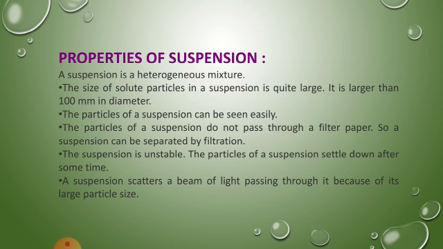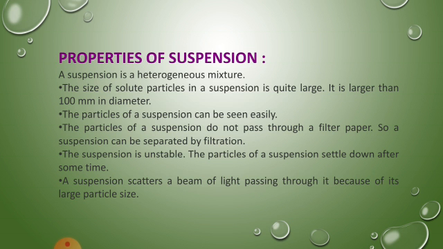The next one is properties of suspension. The size of solute particles in a suspension is quite large. It is larger than 100 nanometers in diameter. The particles of a suspension can be seen easily. The particles of a suspension do not pass through a filter paper, so a suspension can be separated by filtration.